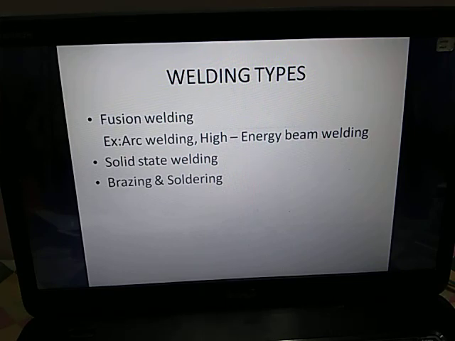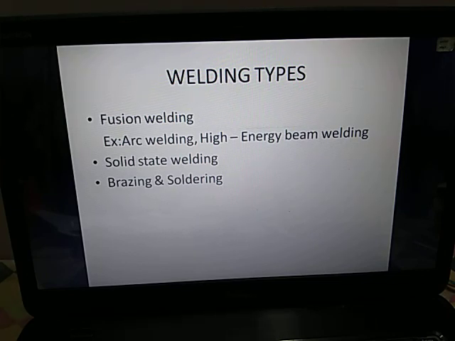While applying solid state welding, high pressure will be applied. The examples are friction welding, resistance welding, ultrasonic welding and extrusion welding. So these are the different types of welding, like fusion welding, where filler material is used and melting is considered. The next one is solid state welding. Here melting will not be there. Two metals are joined by bringing the two metal sheets closer to each other by applying high pressure.